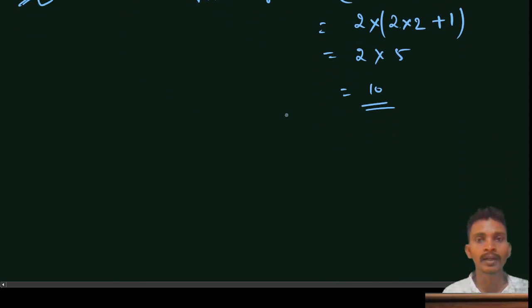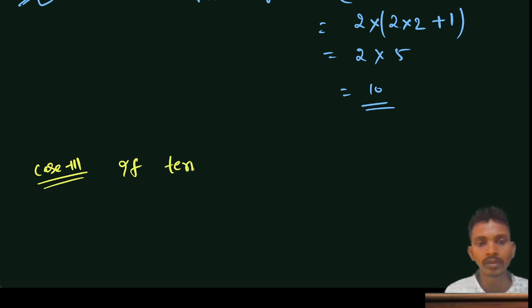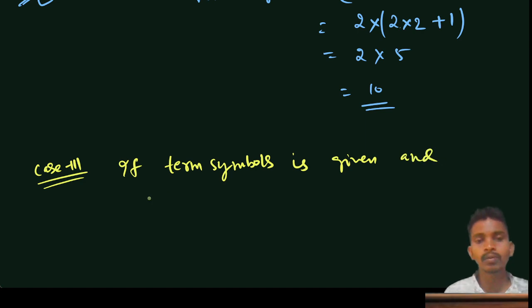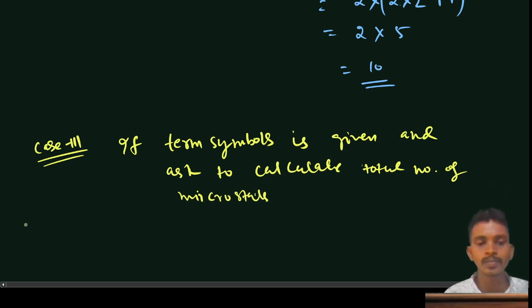Now we will go for the third formula. Case 3: if term symbols are given and asked to calculate the total number of microstates, then what is the formula for this?